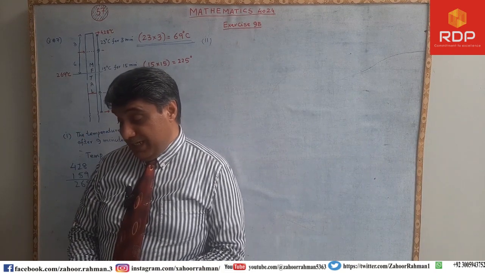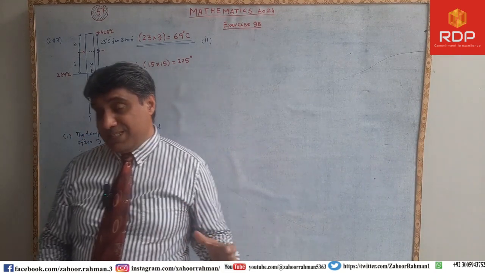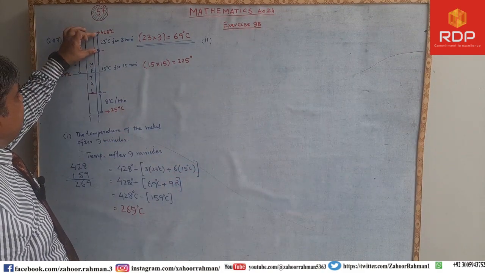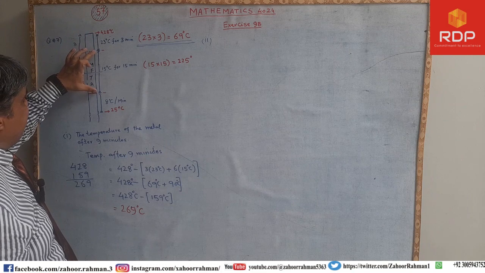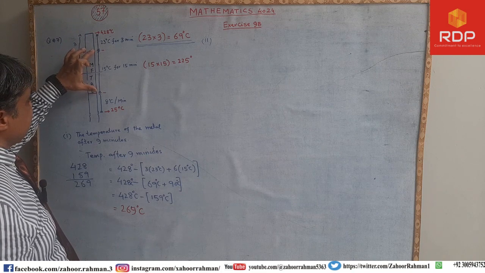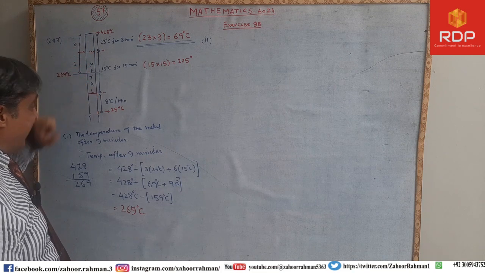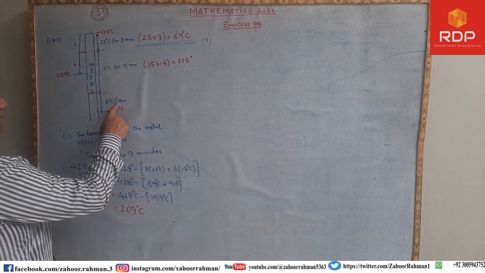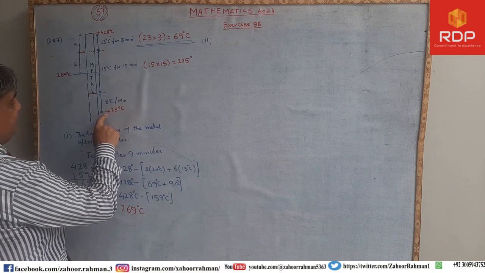Ladies and gentlemen, in this, the first is this area, then 15 is this area, and then 8 degrees Celsius per minute to reach this.